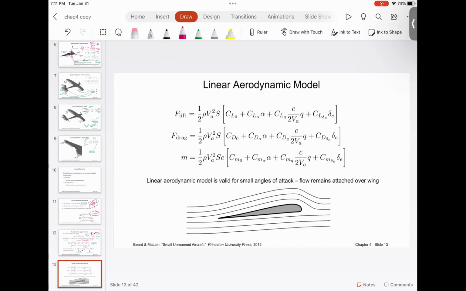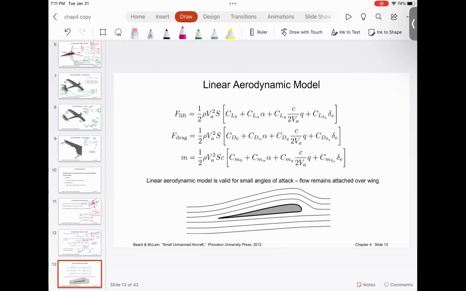Now, this is the linear aerodynamic model that we are going to use, just like the force due to lift, force because of drag, and moment. You have a linear aerodynamic model that is dependent on the angle of attack alpha, pitching moment Q, and the elevator angle delta.